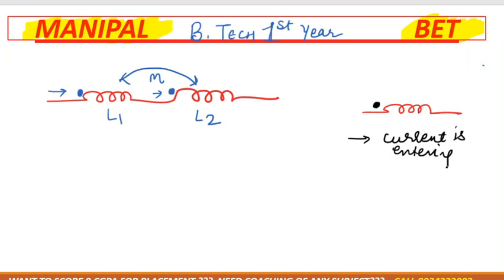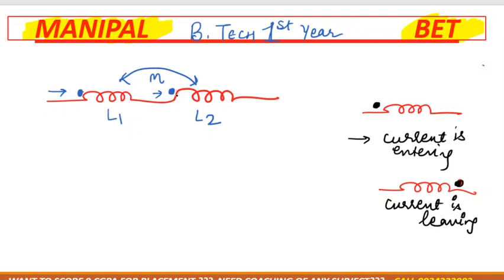And if the dot is on the leaving side, that means current is leaving. Got it? If it is on the starting side, current is entering, and if it is on the ending side, current is leaving.